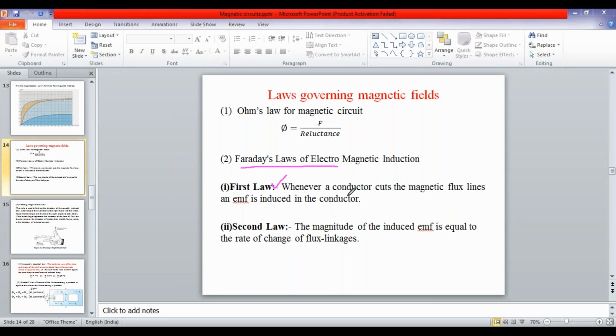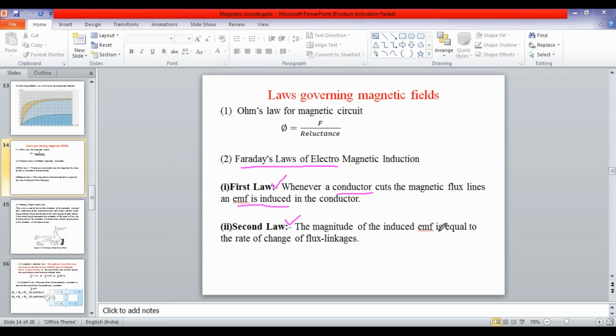Whenever a conductor cuts magnetic flux lines, then an EMF is going to be induced in that conductor. Now the second law gives the magnitude of the induced EMF.